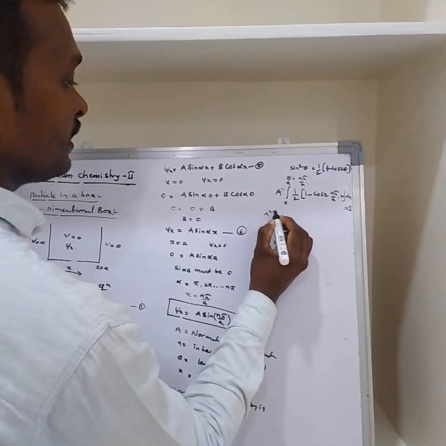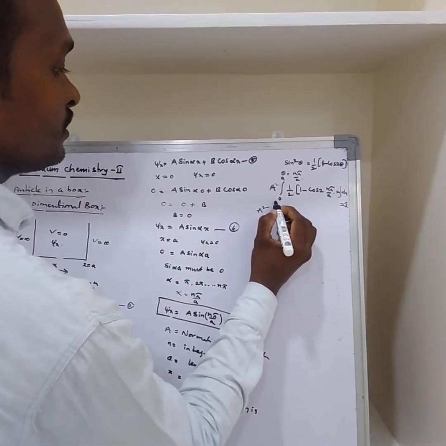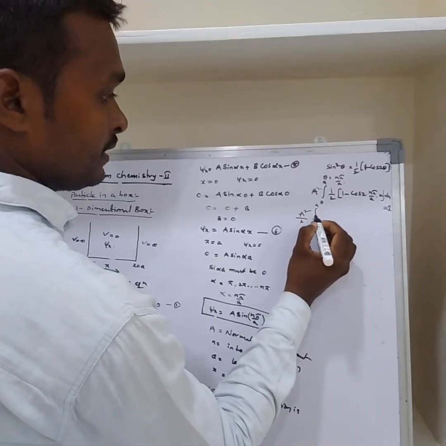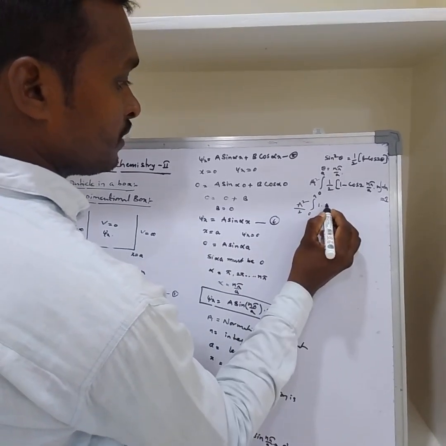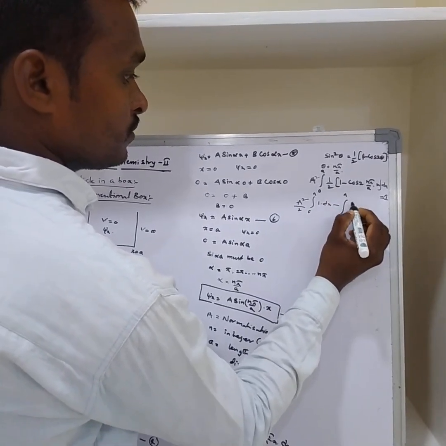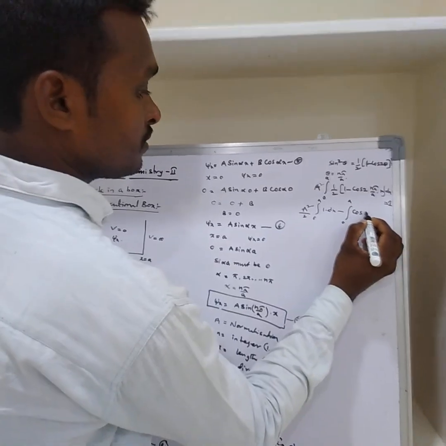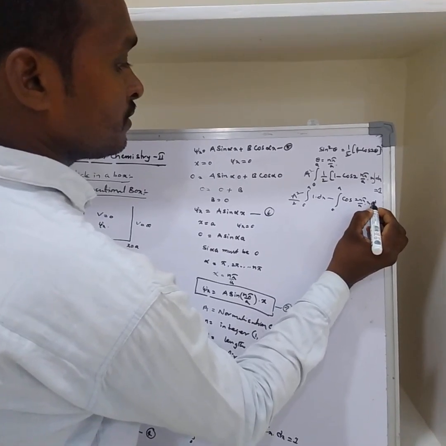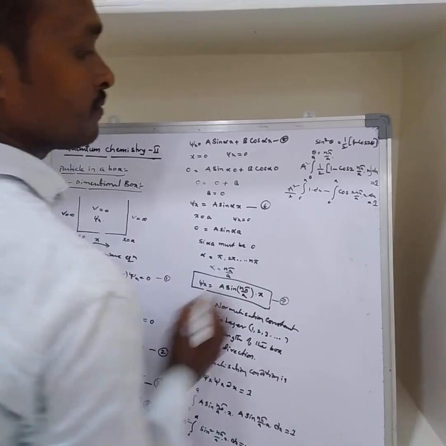Therefore A squared, from 0 to a, 1/2 is also a constant, the integration of 1 dx, and again the integration from 0 to a of cos(2nπ/a x) dx will be equal to 1.